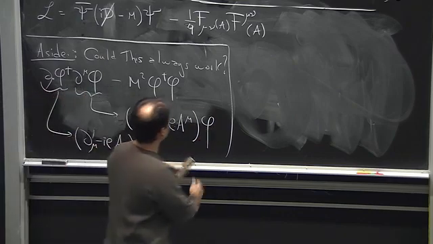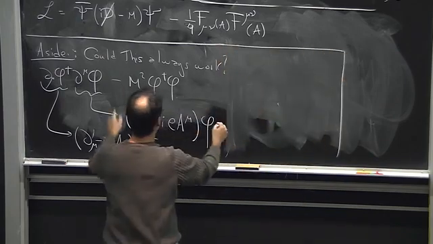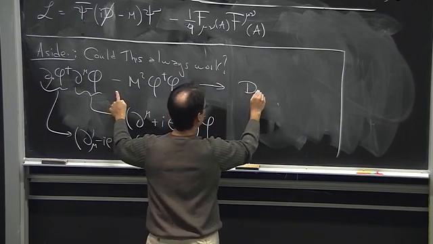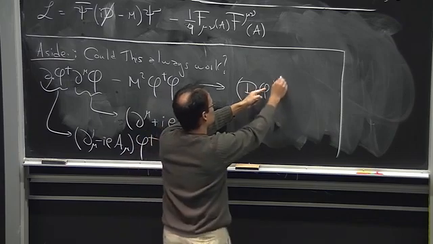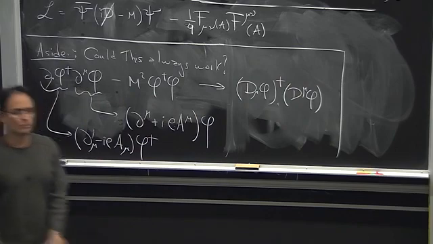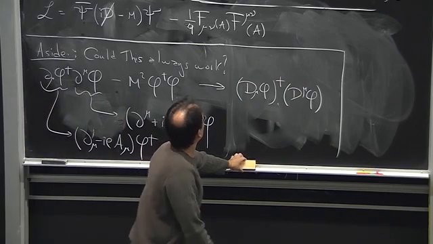So people like to write this, and you will see it in your homework, as D mu phi: the standard derivative acting on phi, now you put a dagger, and then D mu phi. Very good. So that was an aside.